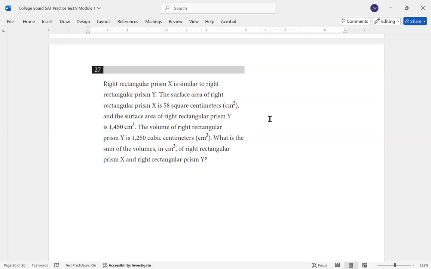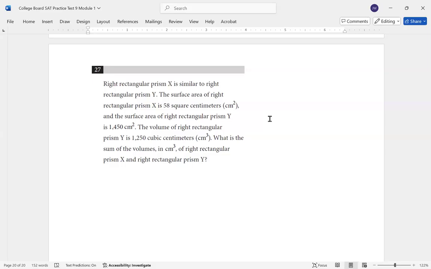The volume of right rectangular prism Y is 1,250 cubic centimeters. What is the sum of the volumes, in cubic centimeters, of right rectangular prism X and right rectangular prism Y?